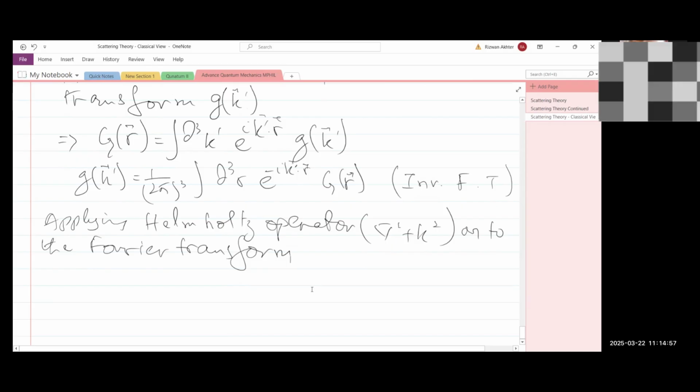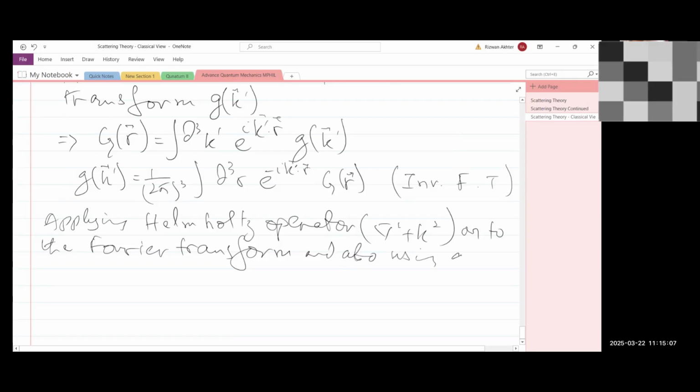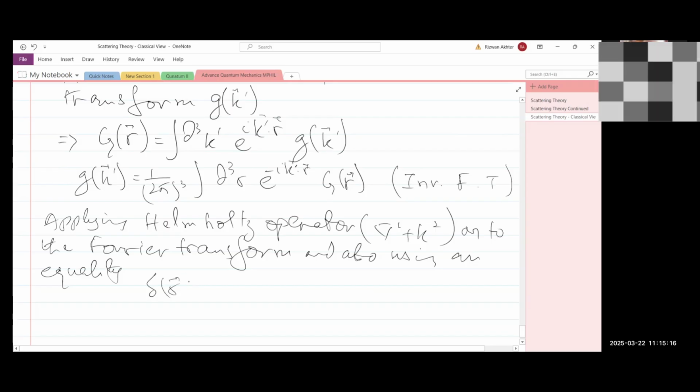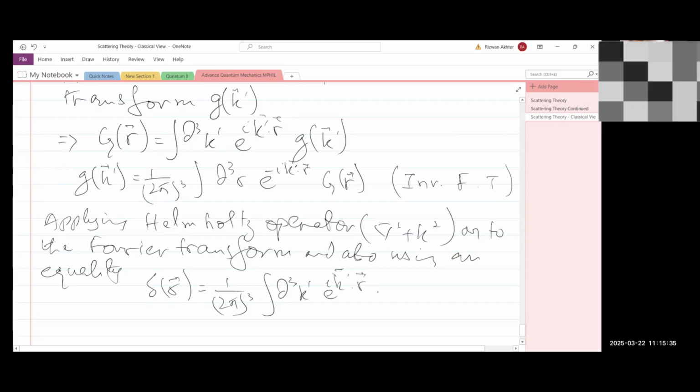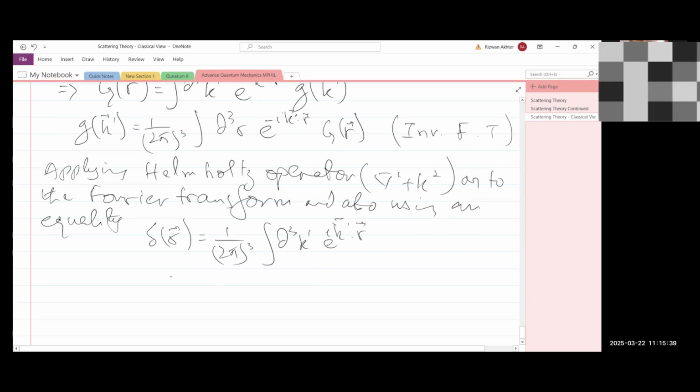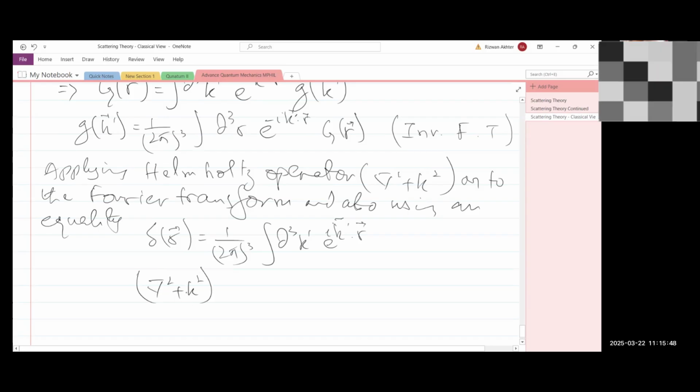So what happens? If we apply it, also using an equality for the delta function delta of r, which is equal to 1 upon 2 pi the whole cube integral d3k prime e to the power iota k prime dot r, then we have the Helmholtz operator, del square plus k square, operating on g of r. This is equal to minus 4 pi delta of r, which is the original definition, the differential equation for the Green's function.